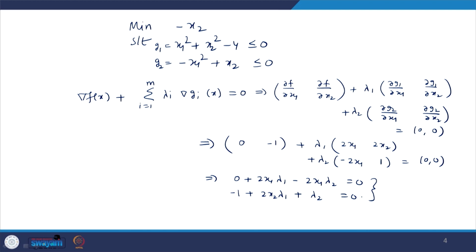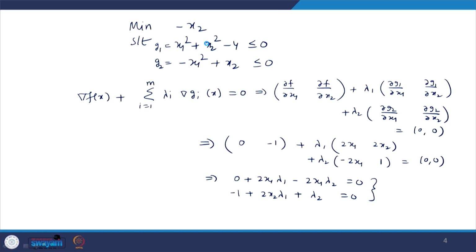What are the other KKT conditions? Let us quickly see for this problem. The second one is the feasibility condition, that is x1 square plus x2 square less than or equal to 4 and minus x1 square plus x2 less than or equal to 0. And the next condition is the complementary condition, lambda i g i(x) equal to 0.